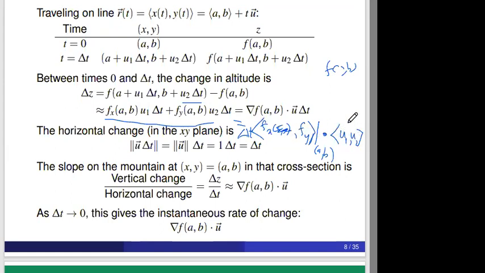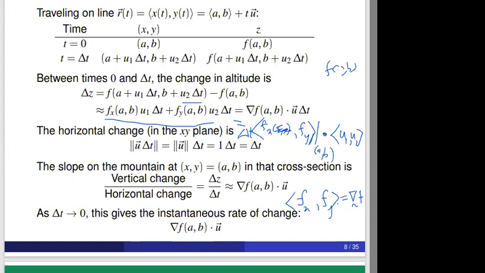So we give a notation for this one here. Partial of x, partial of y. This vector is denoted by this upside down triangle f, right?